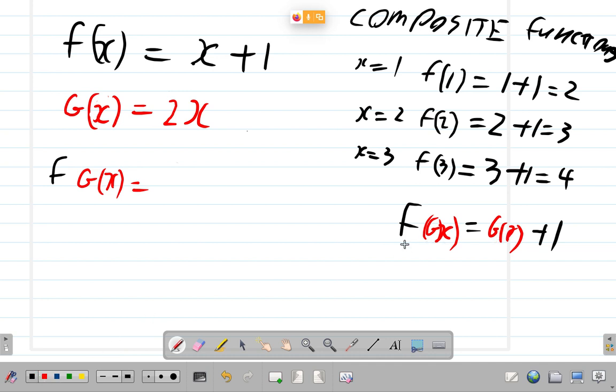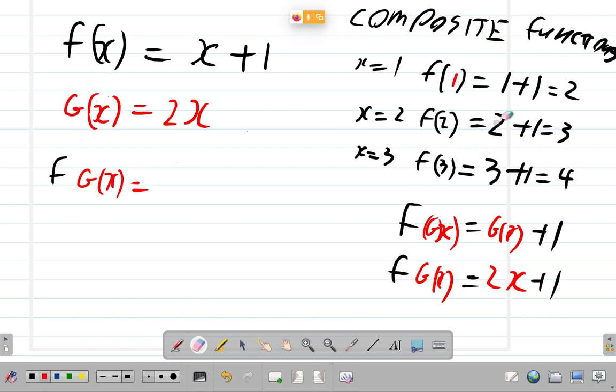Now, f g of x, therefore, is going to be, what was g of x again? It was 2x. So it's 2x and then plus 1. So here, when it was f of 1, you remove the x and put 1 there.